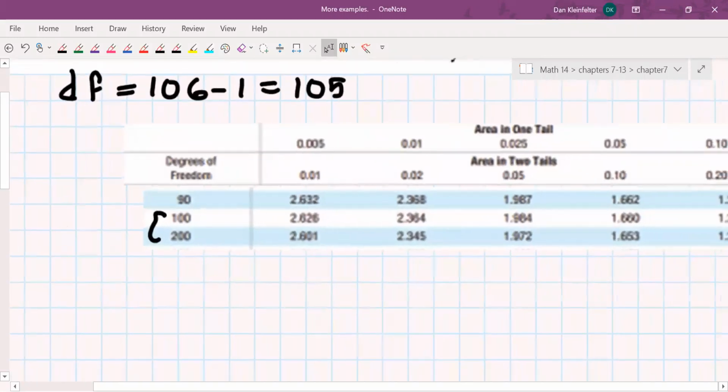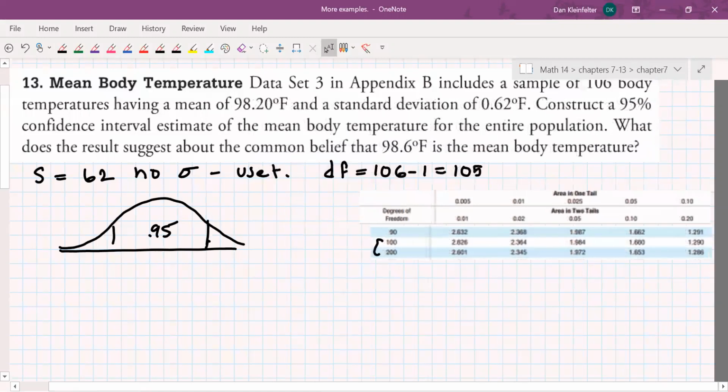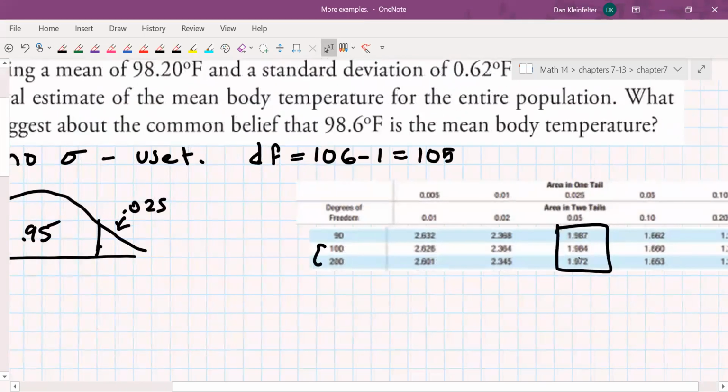If you take a look at the t-table, the difference between 100 and 200 is not that great. In this one, we're having a 95% confidence interval, so the two-tail area is 0.05, and that will be the middle column. 1.964, 1.972, and 1.967 are all relatively close together.